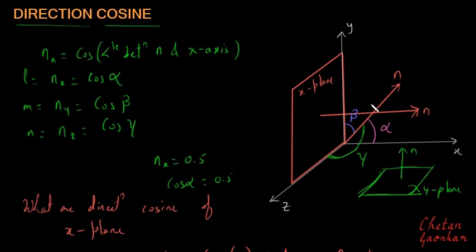Now what about any random plane? If I want to find the direction cosines of any random plane, then I will have to draw its outward normal, and then find the angles made by its outward normal with respect to the x-axis, y-axis and z-axis.